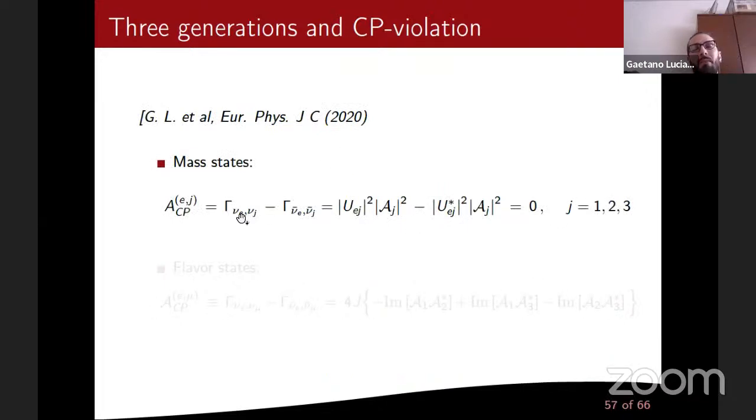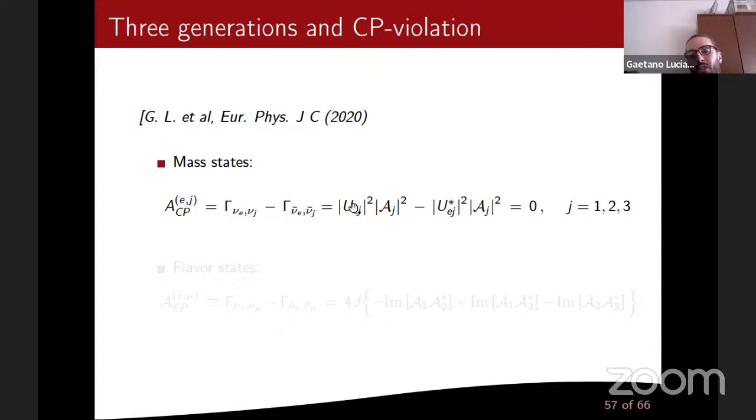With massive states, you compute the decay rate for the process, for the inverse beta decay. Then you compute the corresponding rate for the CP violating process. You compute such a difference, and you can see that such a difference is zero, because if you are using massive states, here you have the same matrix element.